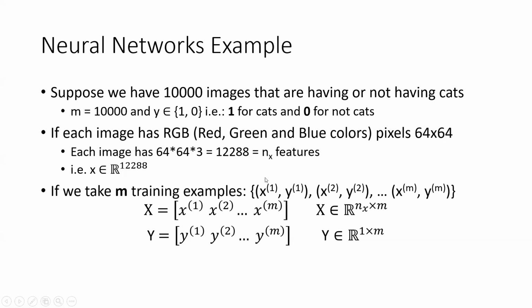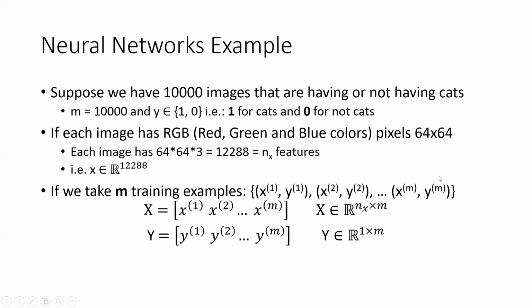In the first data sample, there would be x1. This is the first image's set of x features, and this is its y value. For the second image, this is the set of independent variables, and this is the dependent variable.